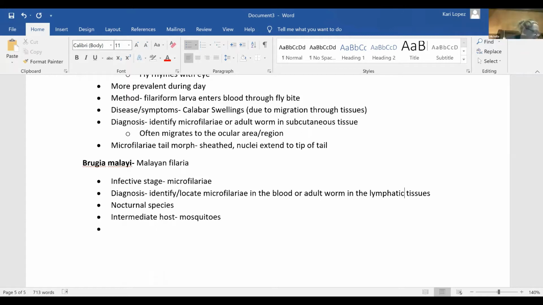That mosquito, I think, isn't it called the Culex? It's Anopheles or Mansonia mosquitoes. What is it? C-U-L-E-X. Culex, yeah. Culex mosquito, common house mosquito.